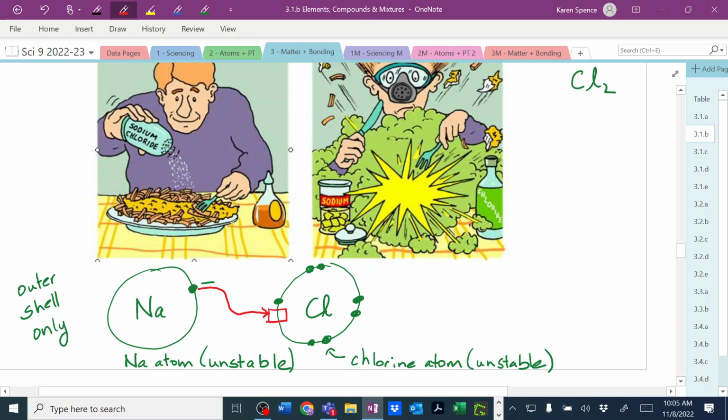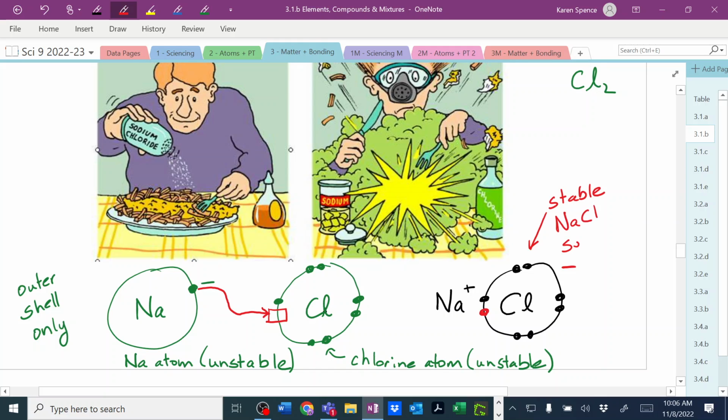When they get together, this reaction releases tons of energy, and what you're left with at the end is a sodium ion and a chloride ion that now has that one extra electron that made its way over. And now both of those are stable, and that is NaCl, sodium chloride.